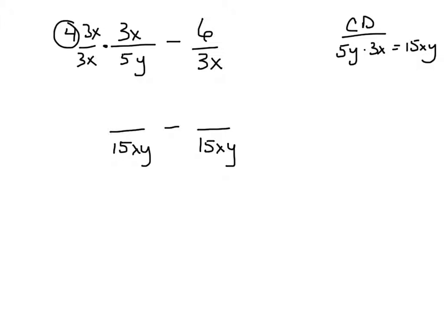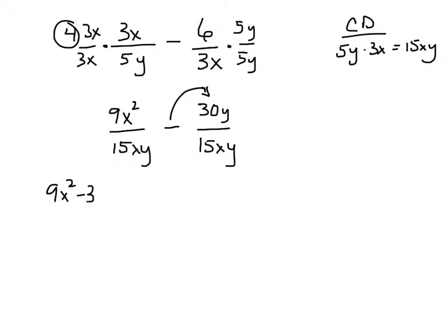And when I do that, 3x times 3x is 9x squared. Over here, I need to multiply this guy by a 5y over 5y. Okay, so now I've got 30y here. Again, distribute your negative. So this now becomes 9x squared minus 30y all over 15xy.